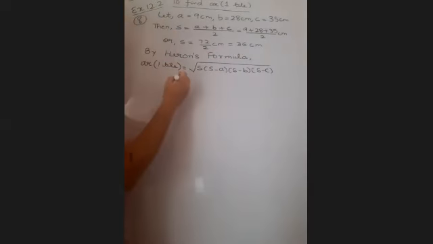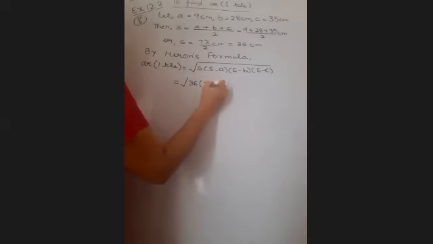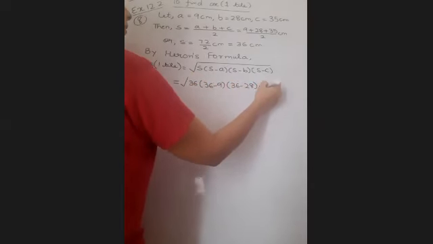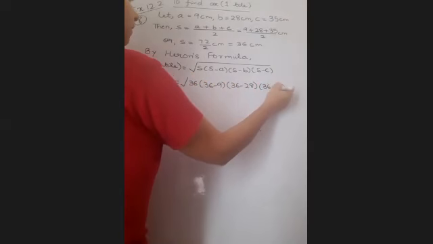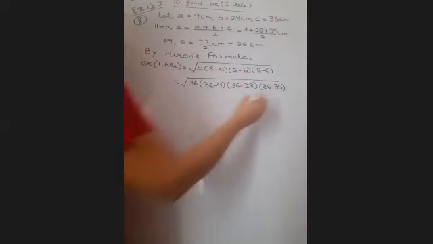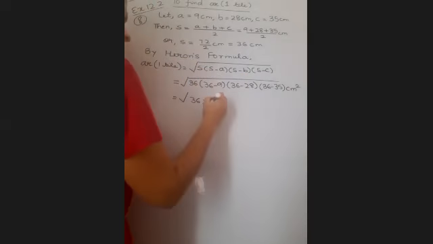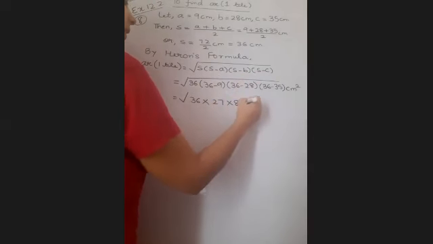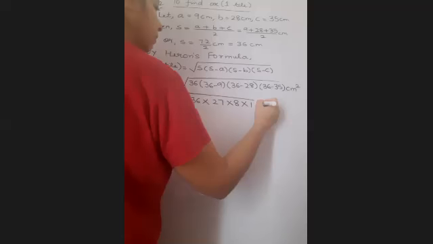So this is equal to 36 into 36 minus 9, 36 minus 28, 36 minus 35, centimeter square. 36 minus 9 is 27, 36 minus 28 is 8, and 36 minus 35 is 1.